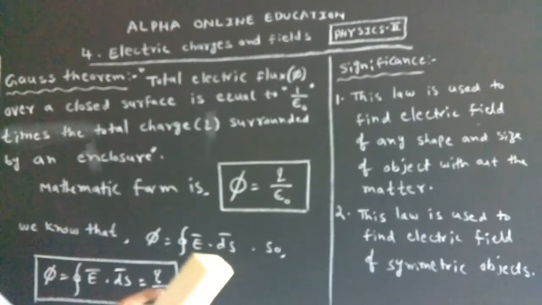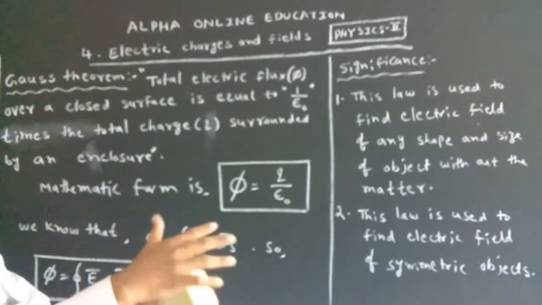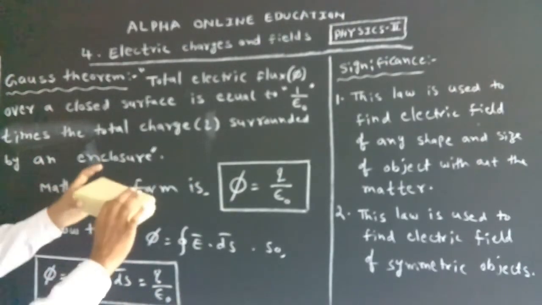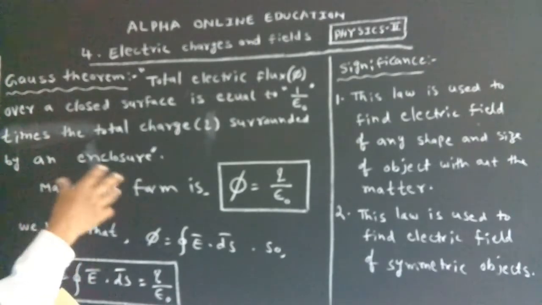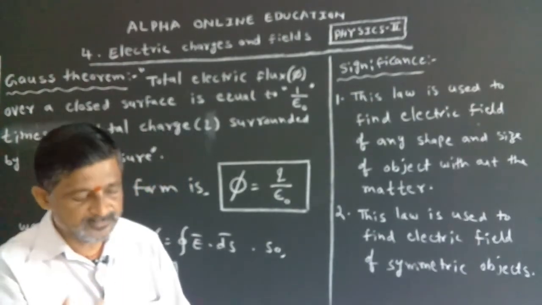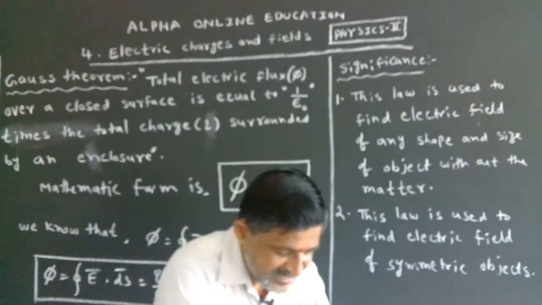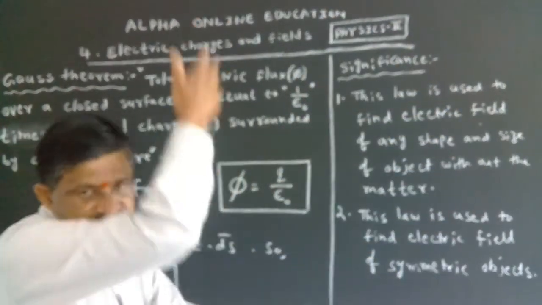So, how many closed surfaces does it have in total? 1, 2, 3, 4, 5, 6. This is one shape. It has a symmetric shape. It is a parallelepiped. So, now this is a closed surface. The flux over a closed surface. Flux means the number of electric lines of force, like this, or like this, or like this.